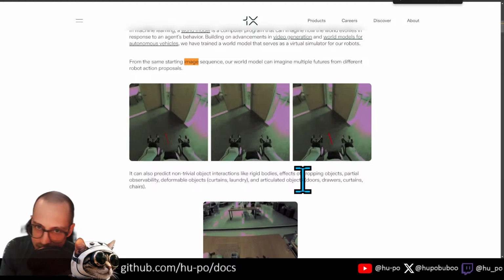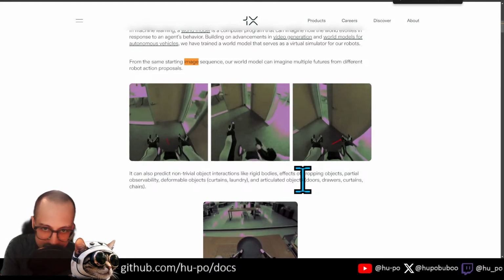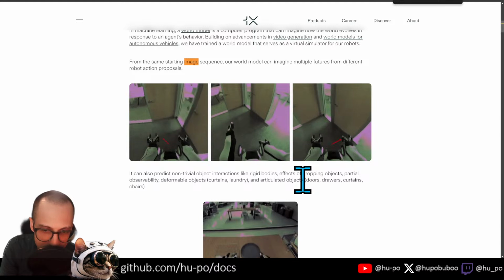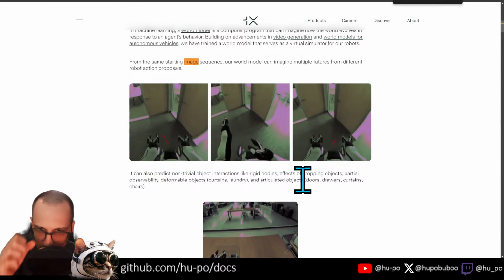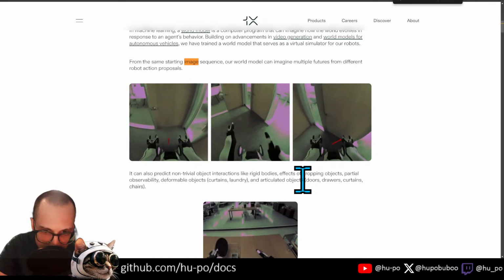Obviously these guys are using image sequences because they're probably using a pre-trained diffusion model to generate the images, right? All the generative 2D stuff is way better than the generative 3D stuff.